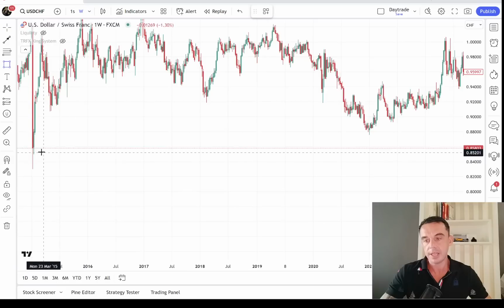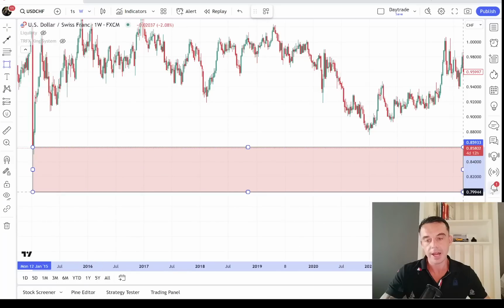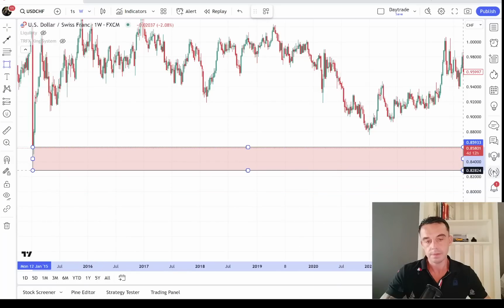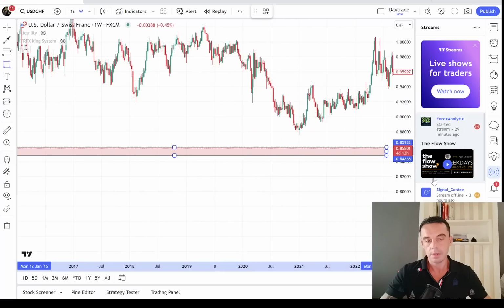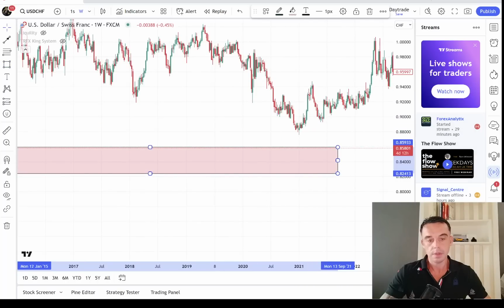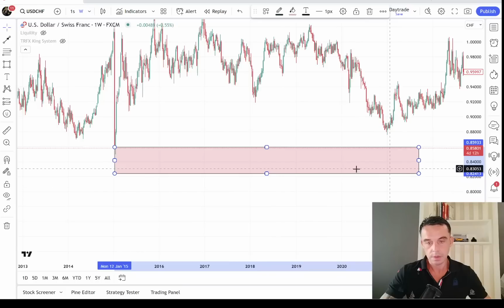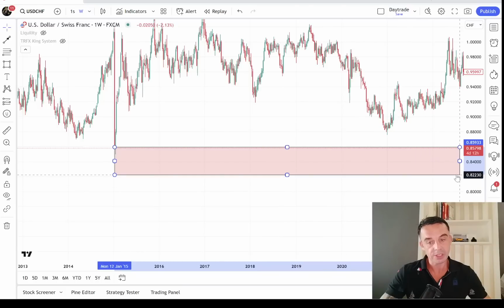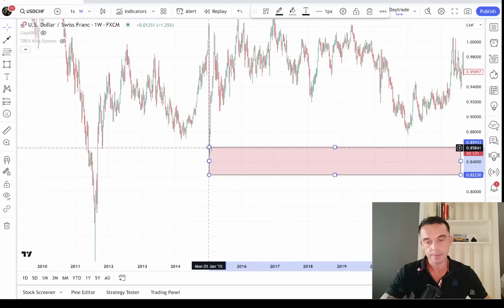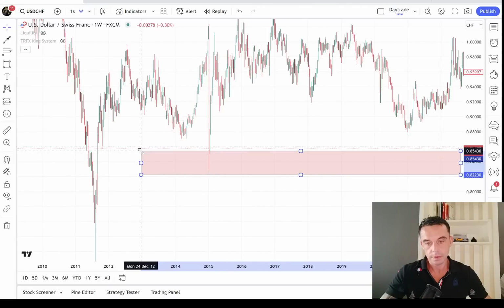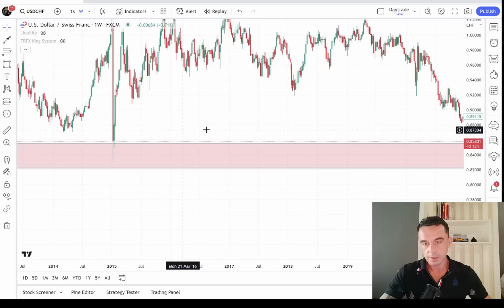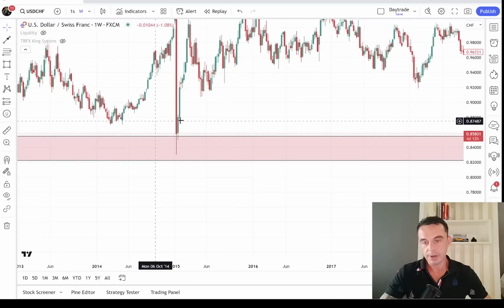And we can clearly see here where the market is now, that we are at an area where price has rallied up from before. Just a long time ago.